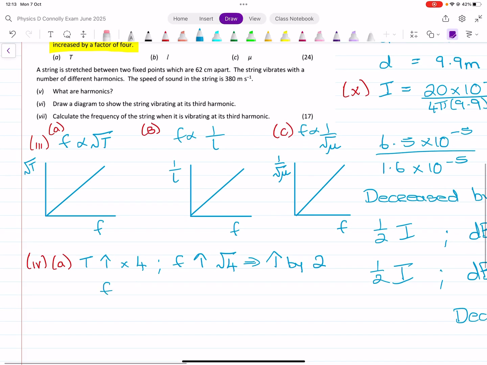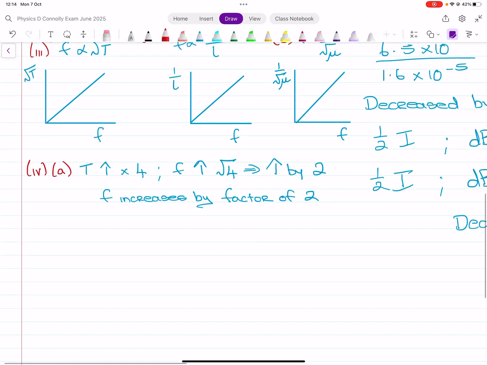So frequency increases by a factor of 2, which means it multiplies by 2. That's what that means.